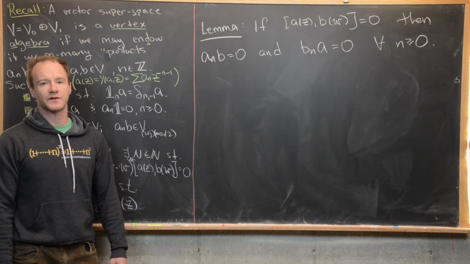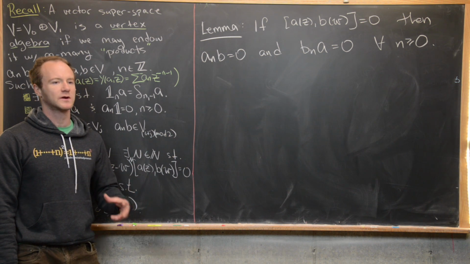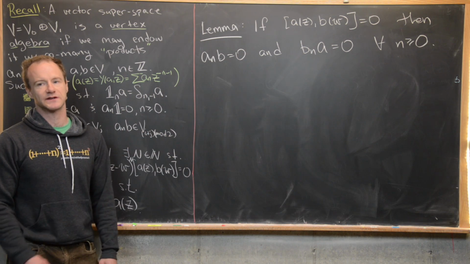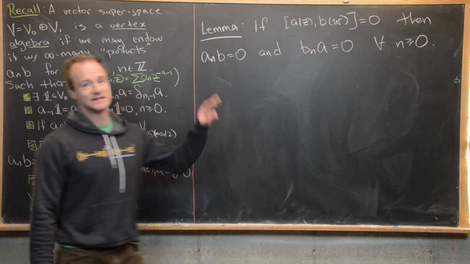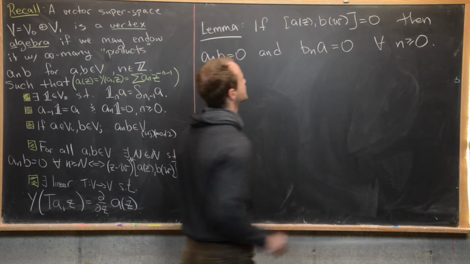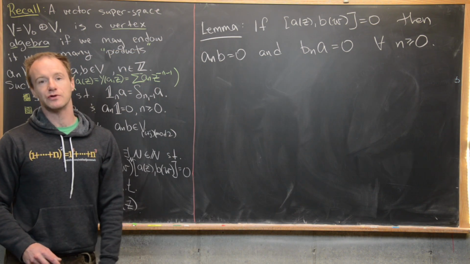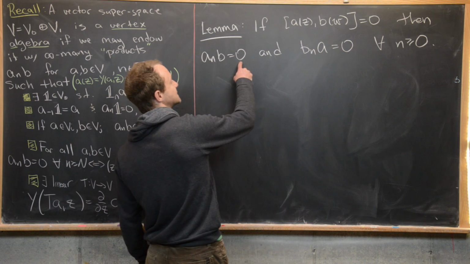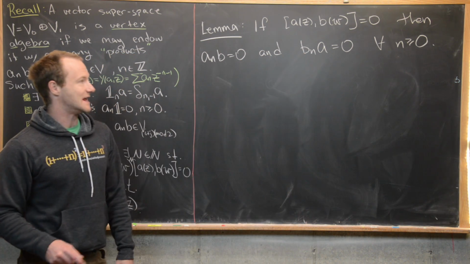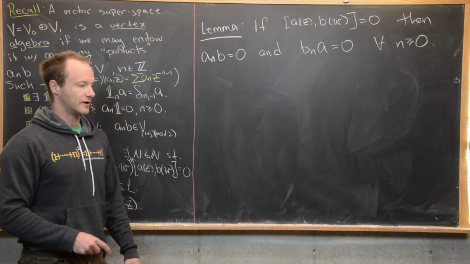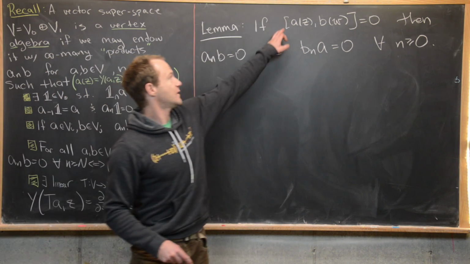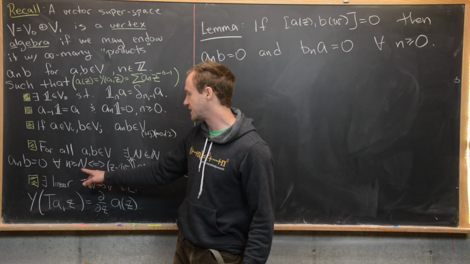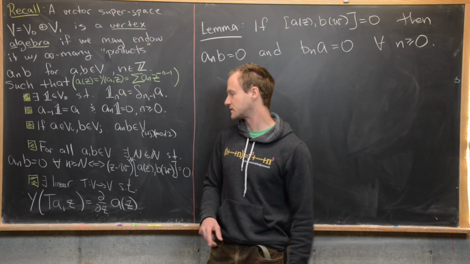Before we get going with our example, I want to prove a really important but very simple fact that has to do with commutative vertex algebras. And that is, if these two vertex operators, A(z) and B(w), commute, then A(n)B equals 0 and B(n)A equals 0 for all n bigger than or equal to 0. In other words, if we have commutativity here, then this truncation condition happens with just n equals 0.